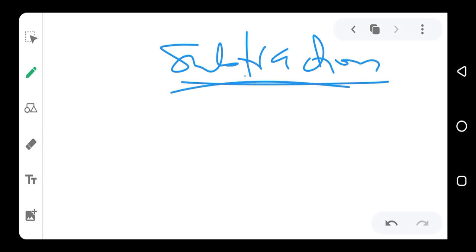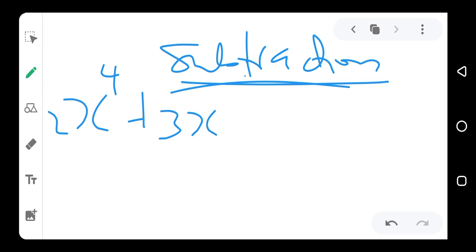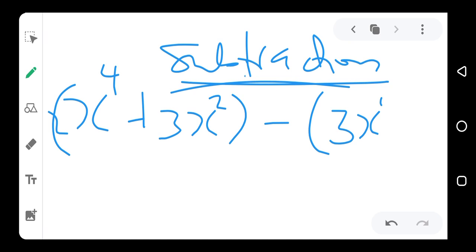For instance, if we have 2x raised to power 4 plus 3x raised to power 2 minus 3x raised to power 4 plus x.